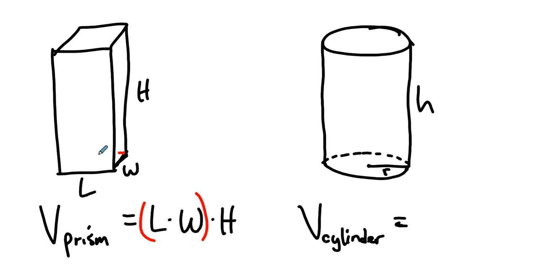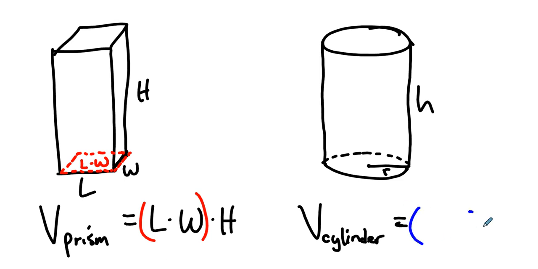Well, that's the area of the base. You'll recall from the previous screencast that we took that base of unit cubes and multiplied by the height because that's how many we can stack going up the prism. So the same kind of idea happens here.